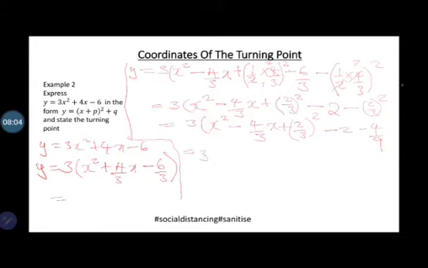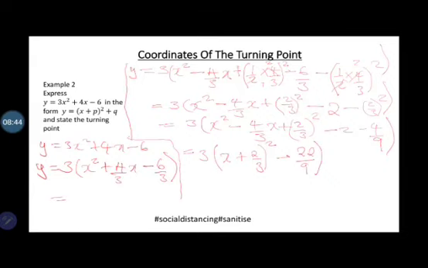So we have 3, we have brackets, we get our x without the square and the last term, 2 over 3, squared, minus, if you simplify this one here, you're going to end up with minus 22 over 9.